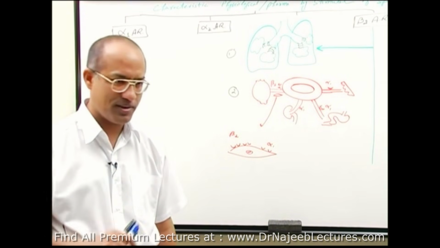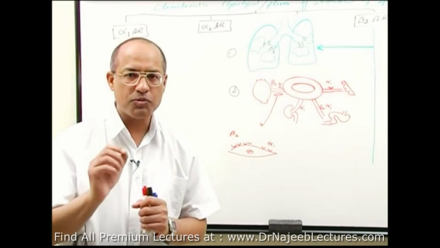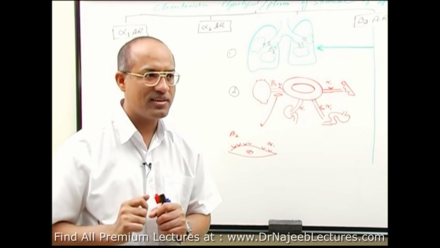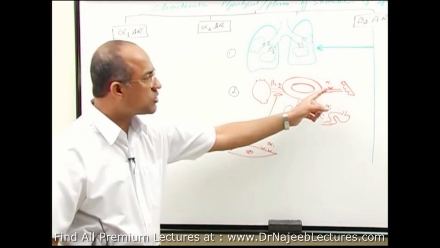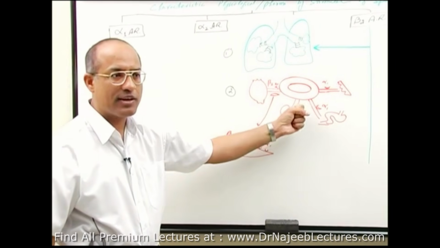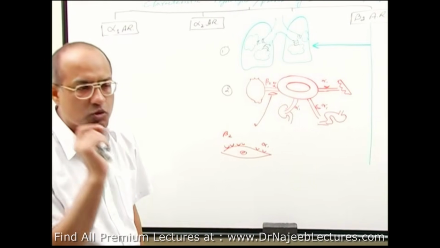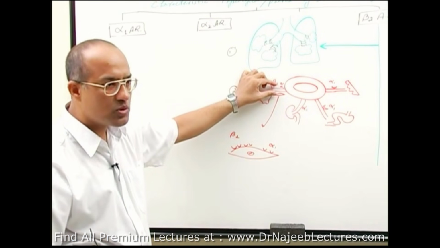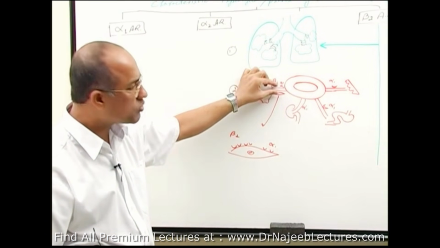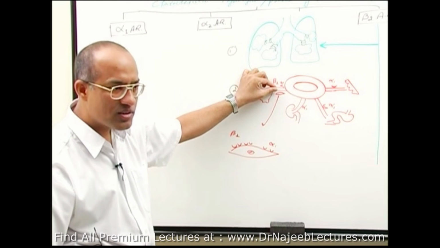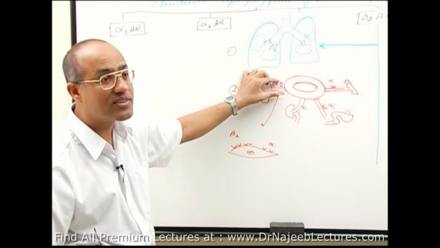Now listen carefully. A drug which is purely alpha 1 stimulant will act on these alpha 1 receptors and produce vasoconstriction. And another drug which is mainly beta 2 stimulant will produce beta 2 stimulation on these smooth muscles and relax.